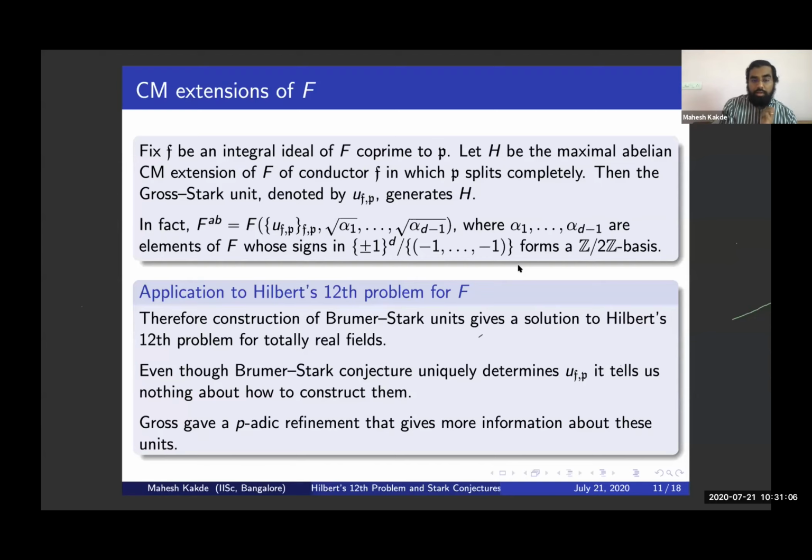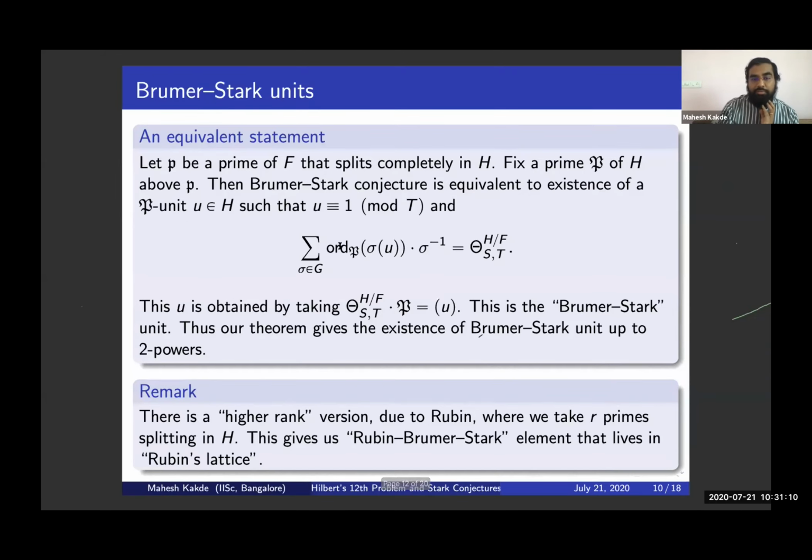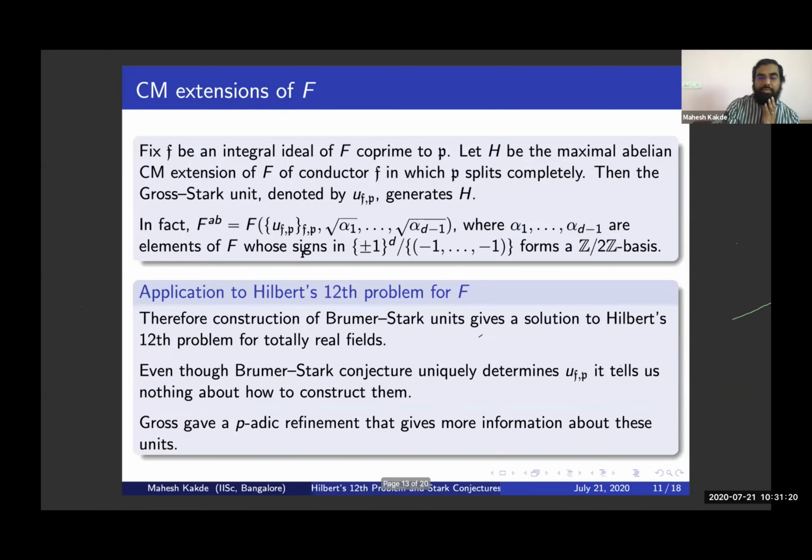But remember, the Brumer-Stark conjecture only gives me a formula for odd powers of these units. Our theorem only gives the formula for odd powers of these units. It doesn't tell me how to construct these units. So this is not quite what Hilbert asked for, because we want an explicit construction of these units.